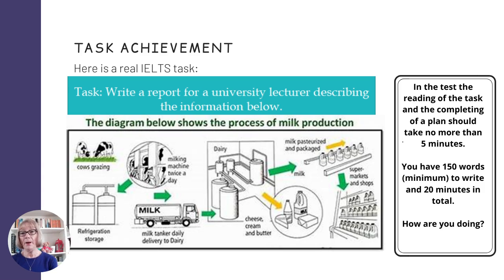Now, here is a reminder. Remember, I said the 3rd bullet point was get your timing right. In the test, the reading of the task, the annotating of the data, and completing of a plan should take no more than 5 minutes. You have 150 words minimum to write and 20 minutes in total. So, how are you doing? Perhaps you've already taken an IELTS test and not got your required band score.